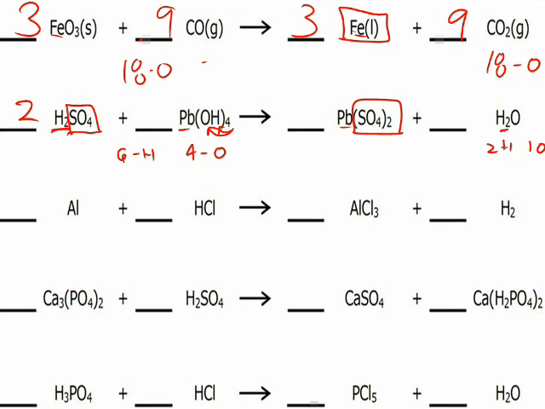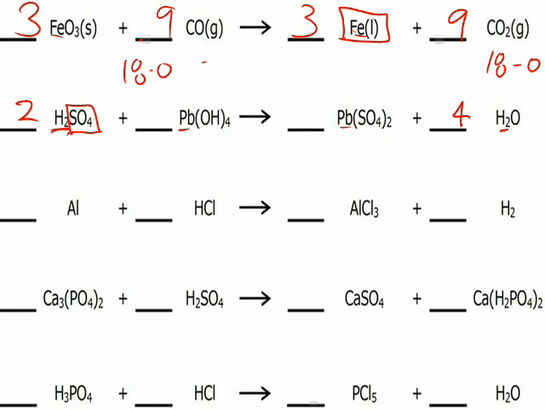That makes it 4 plus 4, that's 8 hydrogens. Now let's put a 4 here and see what we get. We have 8 hydrogens there, and 4 oxygens. Oh, okay, great, we're balanced.